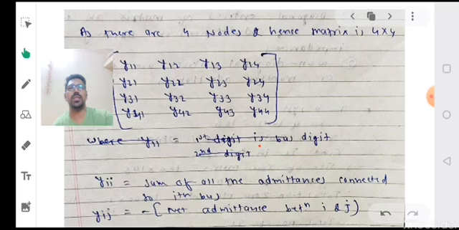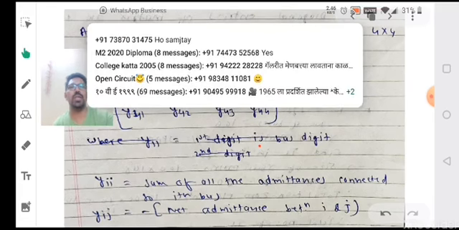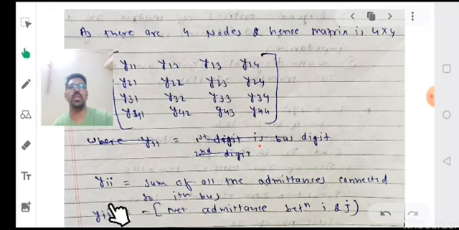Now next is the remaining elements, that is Y12, Y13, Y14, Y21, Y31, Y41, the non-diagonal elements. How to calculate them? It is minus the net admittance between i and j. Suppose we consider Y12, where i is 1 and j is 2.